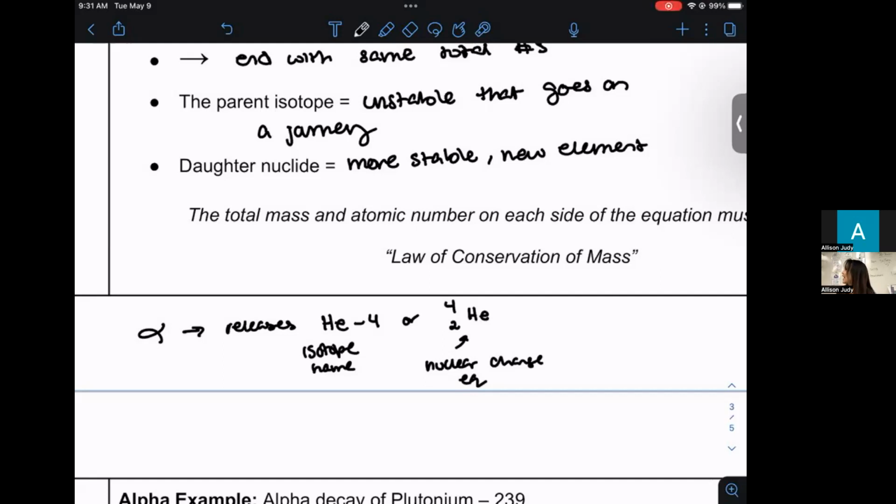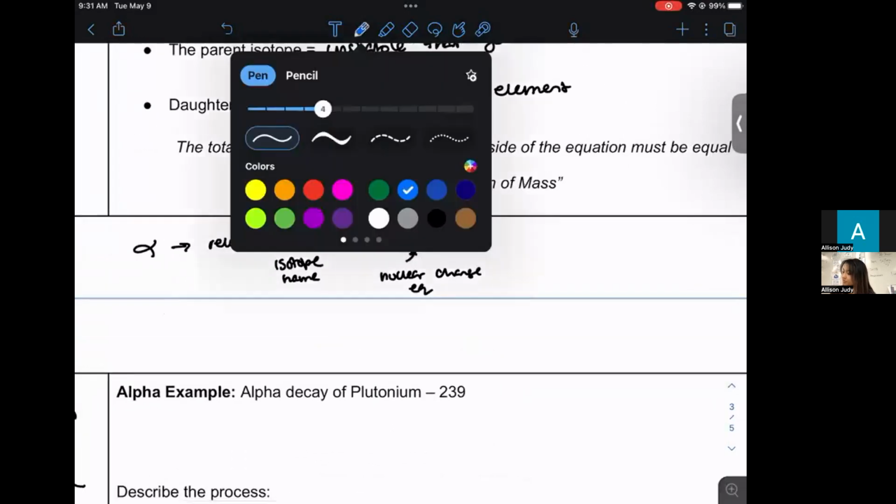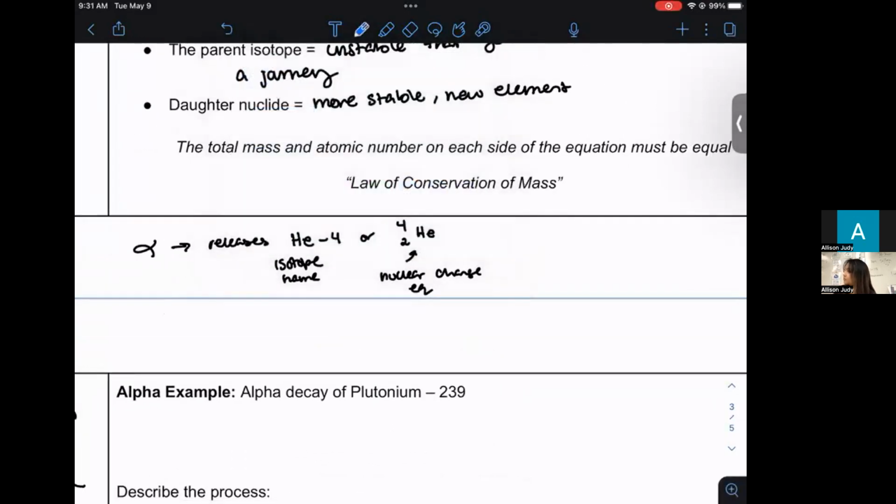What's the second type of radiation, and what particle does it release? Valeria, what's the second type of radiation, and what particle does it release? Beta, what does it release?